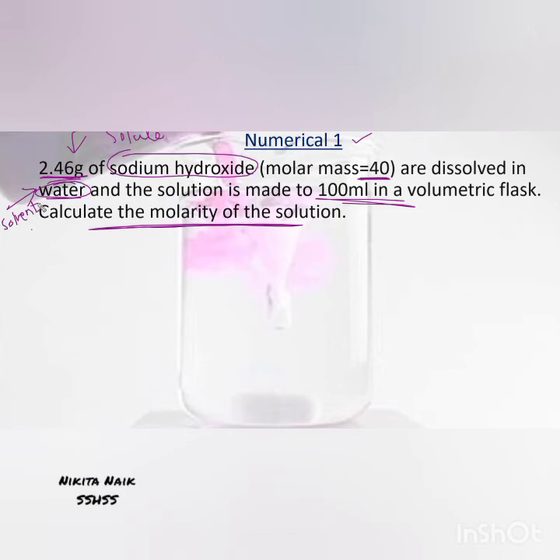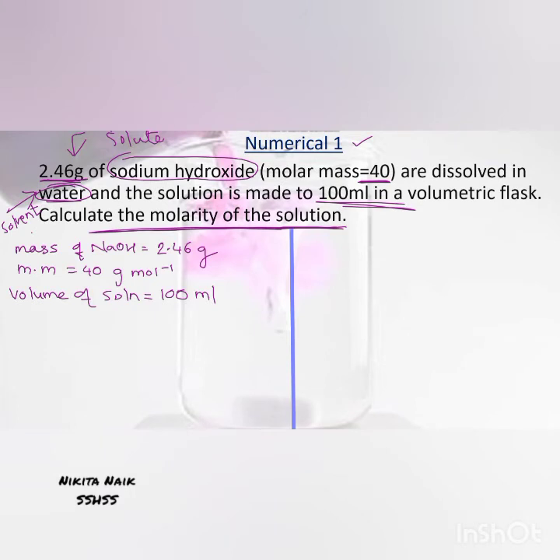So let us write what is given to us. First thing given to us is mass of NaOH, that is 2.46. Molar mass of NaOH, that is 40 gram per mole, and volume of solution, that is 100 ml.